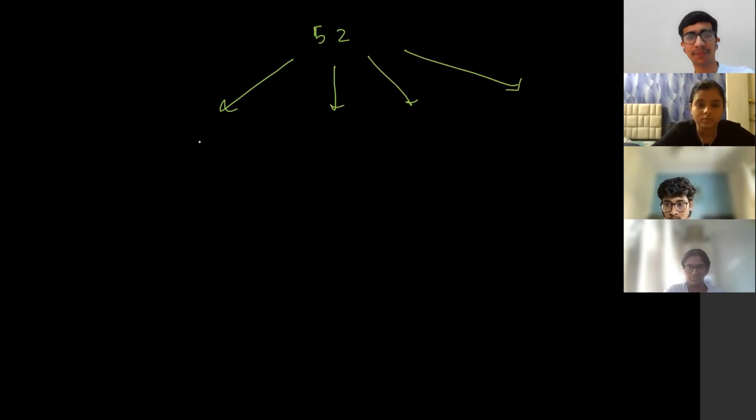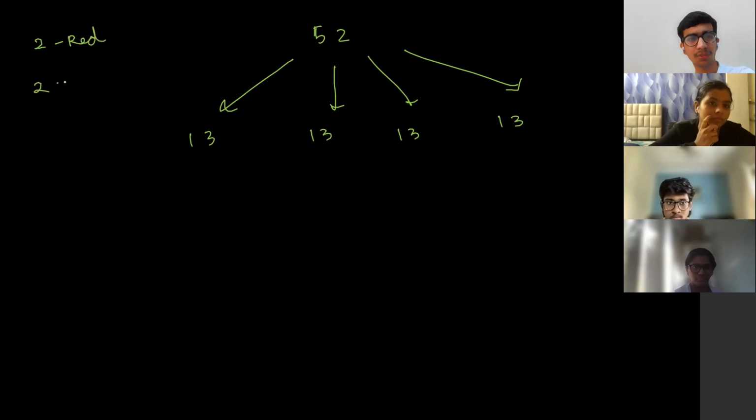So there are 52 cards all in all. There are 4 different suits, which have 13, 13, 13 and 13 cards. 2 suits are red, 2 suits are black.